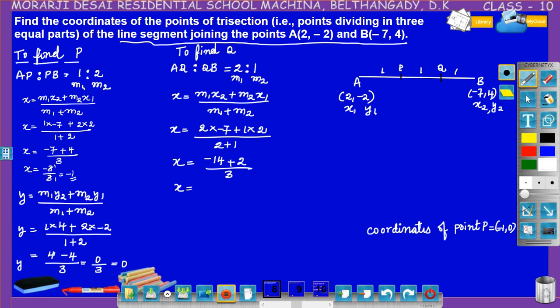So X is equal to minus 12 by 3, 3 fours are 12, that is equal to minus 4. So we got one coordinate of point Q, that is minus 4.